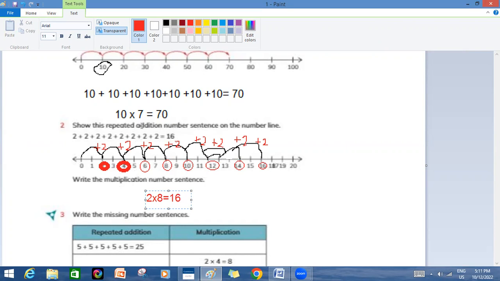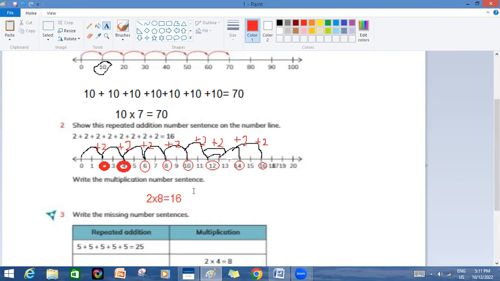So the 2 that we are adding, and we are adding it 8 times. So our answer is going to be 16. So this is how we are going to solve the question.